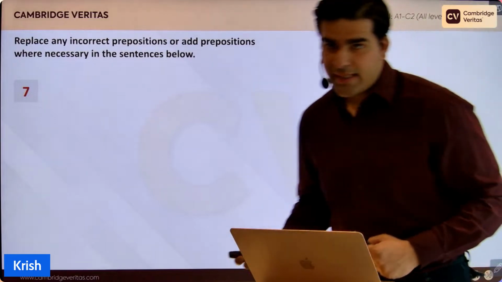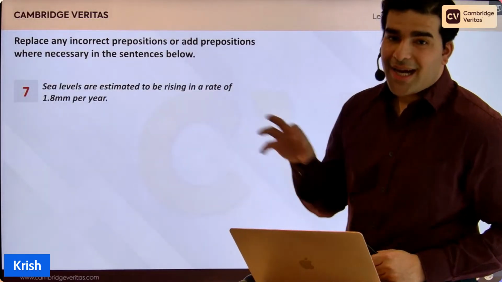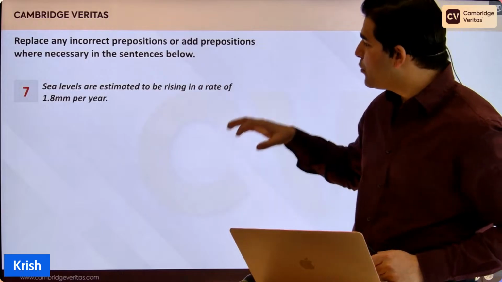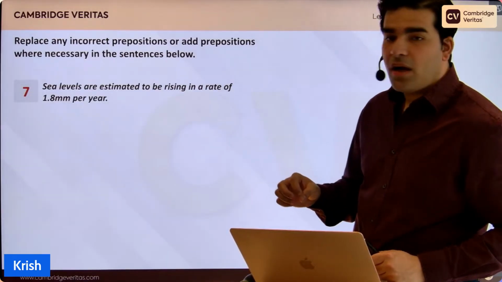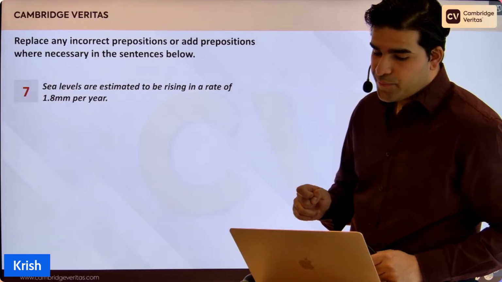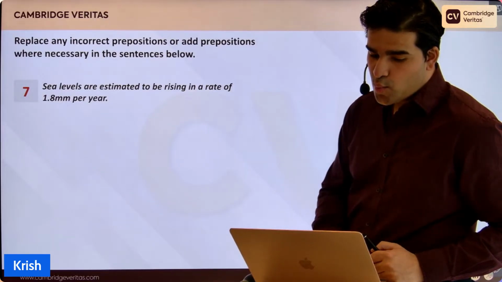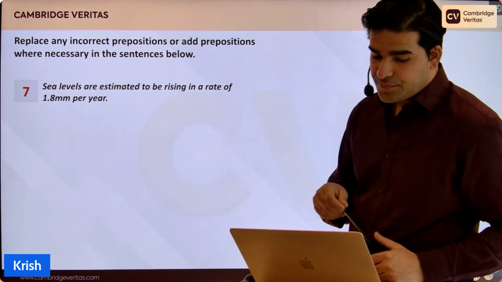Number 7, please have a look. Sea levels are estimated to be rising in a rate of 1.8 millimeters per year. What is the problem with this sentence? Number 7.